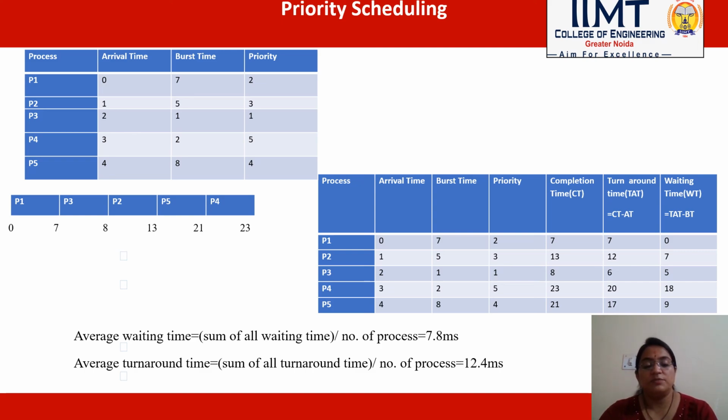The average waiting time is the sum of all waiting times divided by the number of processes, which is 7.8 milliseconds, and the average turnaround time is the sum of all turnaround times divided by the number of processes, which is 12.4 milliseconds.